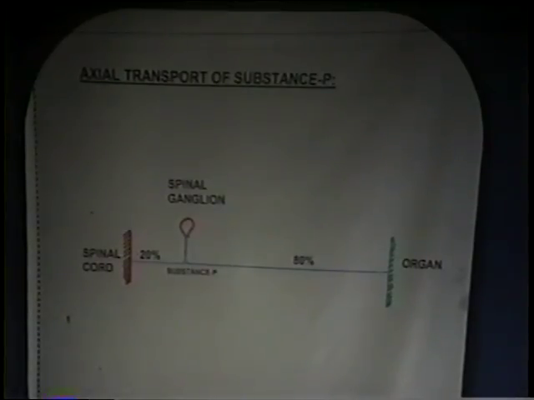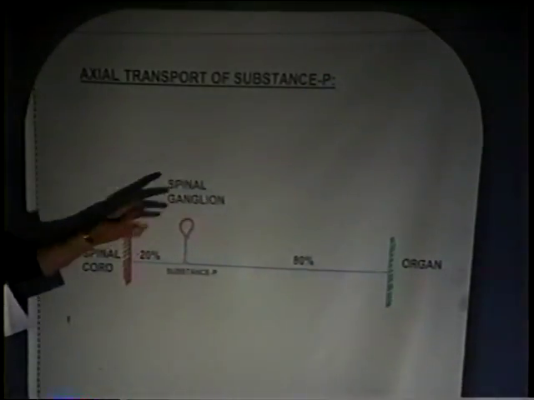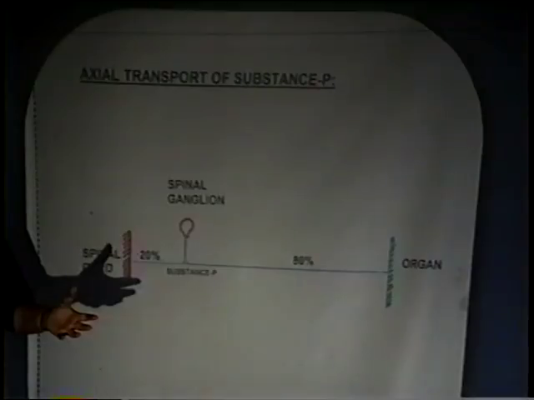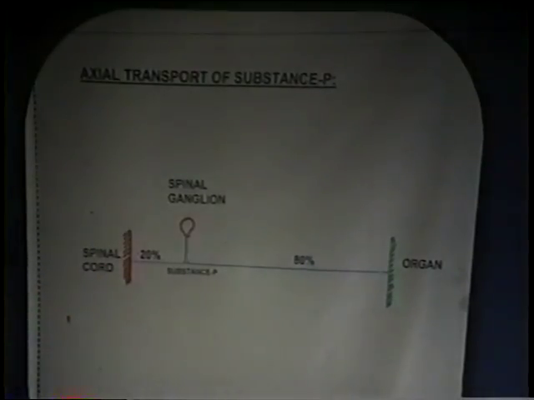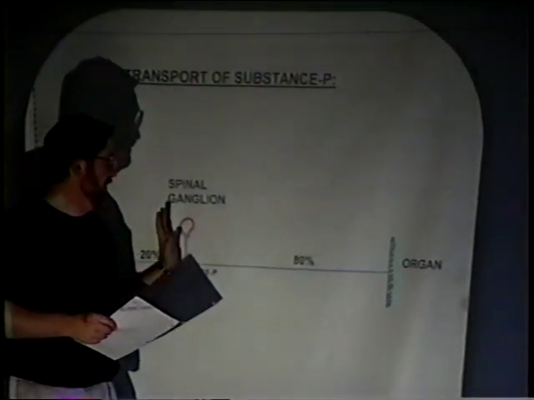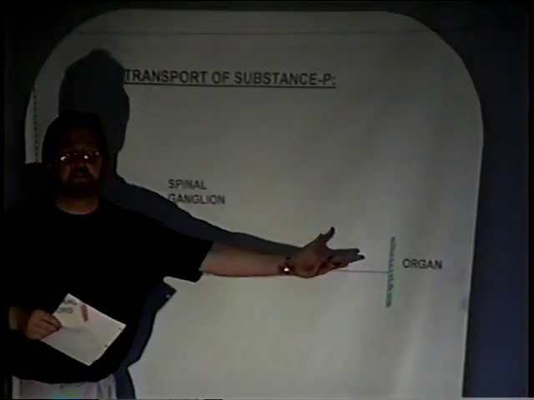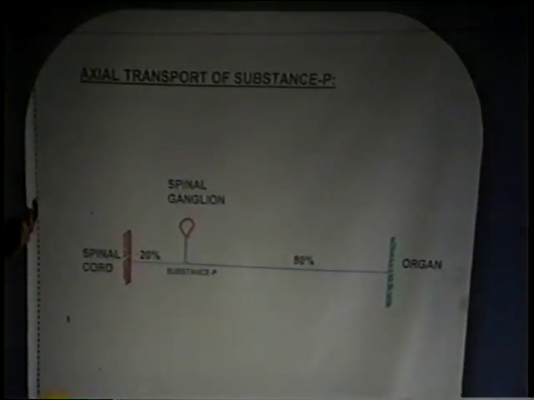So what will happen is there is a travel inside the nerve, just like a blood flow. There is a stream towards the organ, and there is a stream towards the spinal cord. So in one nerve, we can have 2 flows, to the periphery and to central.